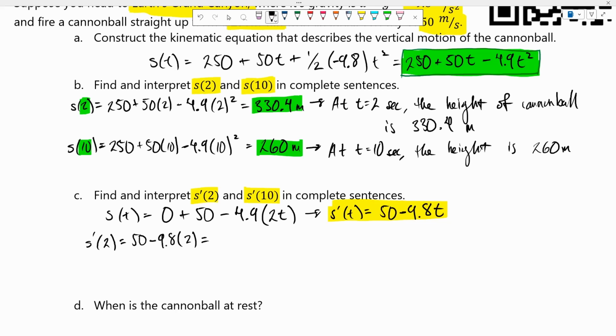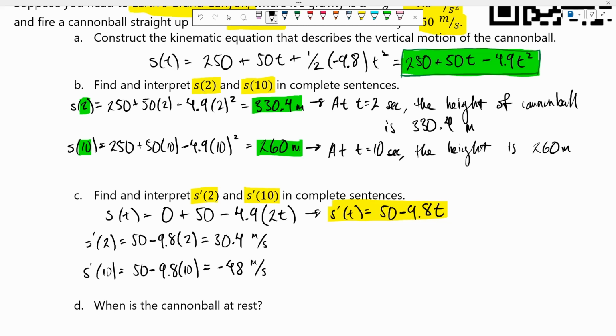Okay, and if you do that properly, you get 30.4. Same thing, S prime of 10, I'm doing the same thing, 50 minus 9.8 times 10, and that is negative 48. Okay, and now I'm going to put the units on here, meters per second.